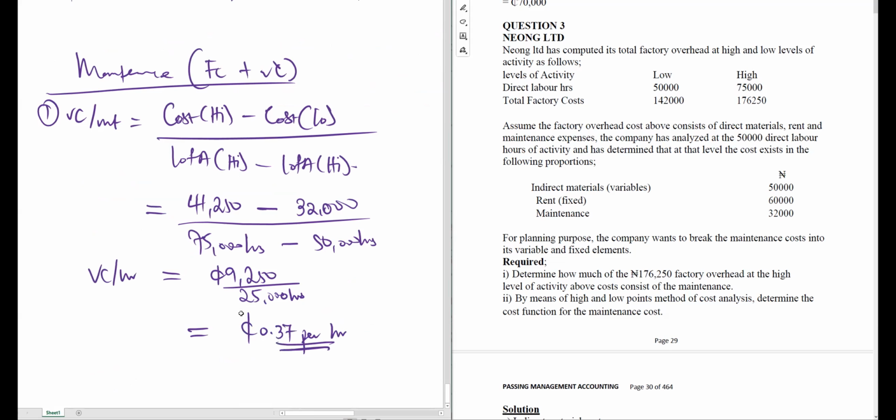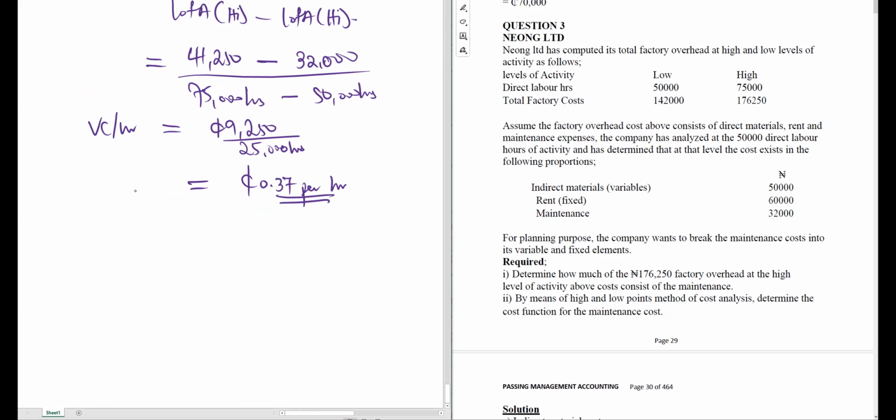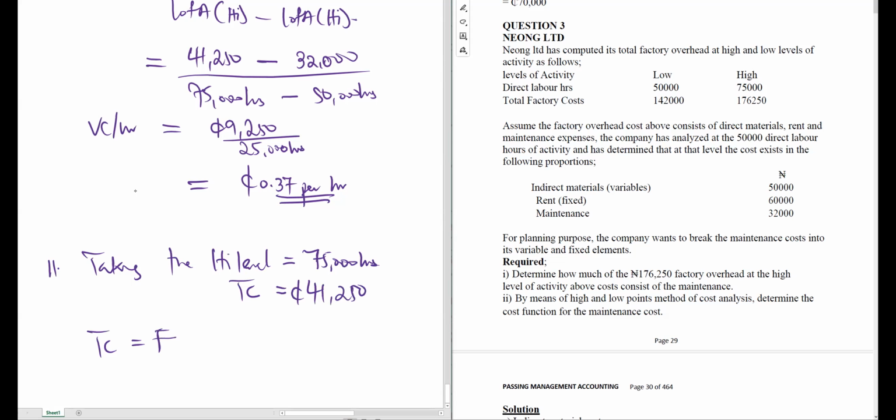Okay. So now that I have this 0.37, what's the next thing to do? Determine the fixed cost, right? So taking the high level, where the level of activity was 75,000 hours. And total cost at that level was 41,250. We know total cost equals fixed cost plus variable cost per unit times the number of units.